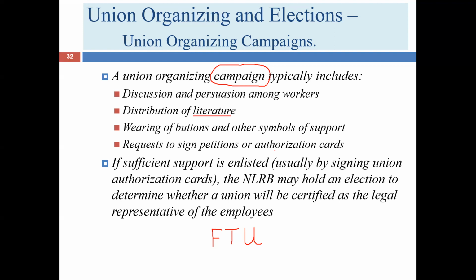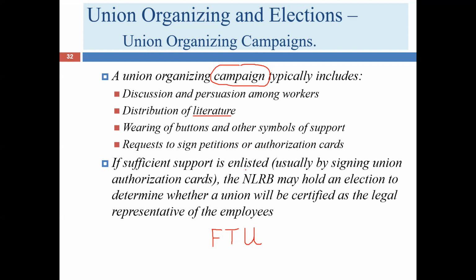And the mechanism that connects the authorization cards to the union election, and we'll cover this in more detail in a second, is that the union has to have at least 30% of the employees in the bargaining unit sign the union authorization cards. Employers have nothing to do with authorization cards.